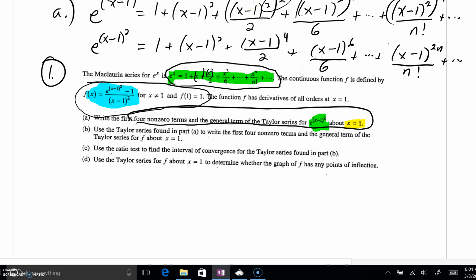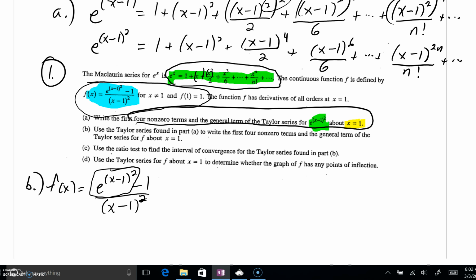So I'm going to go down here, and here's for part B. F of x is really e to this x minus 1 squared minus 1 all over x minus 1 quantity squared. But I want to point out that the e to the x minus 1 quantity squared, that's what we just did. That's for part A. That's where we can say, you know what?